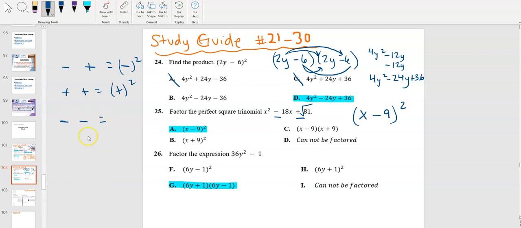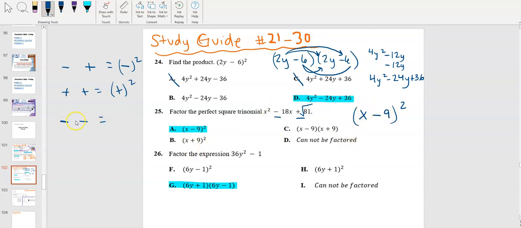If your terms when you factor are positive or negative, you want the bigger number to be negative. And that's not going to happen in a perfect square trinomial because you're always going to have the same value here, right? This area right here, the -9, it will always be this value. If it's -9, it's always negative. If it's positive, it's always positive. We can't have both.